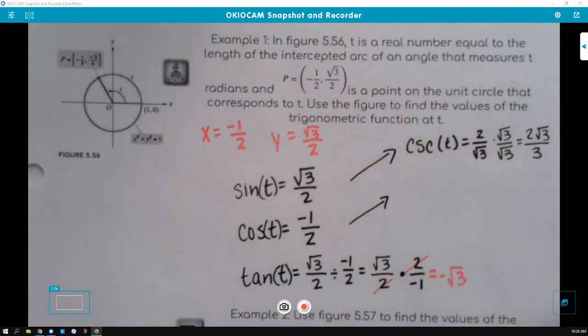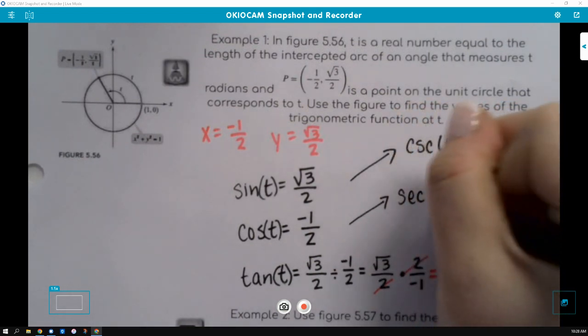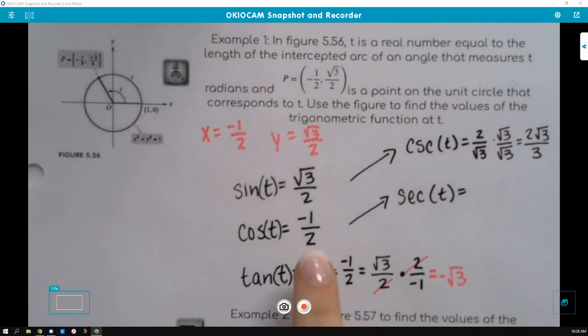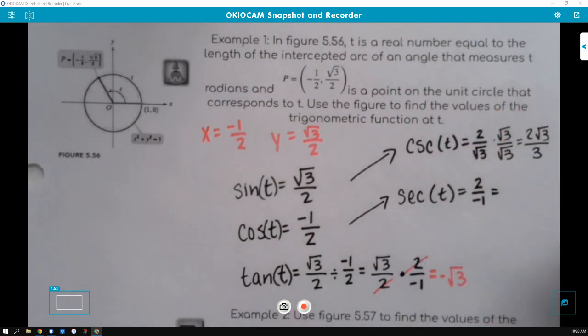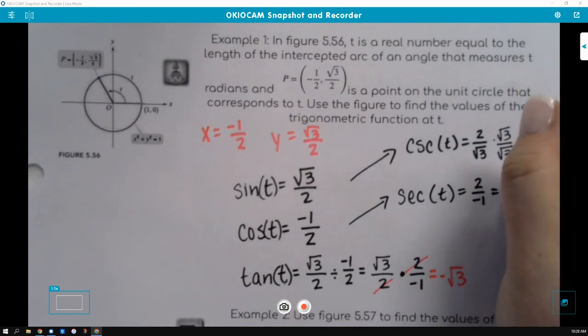Cosine of t is the reciprocal of secant of t. So for that one, we can flip it. It's just 2 over negative 1, and that's just going to be negative 2.